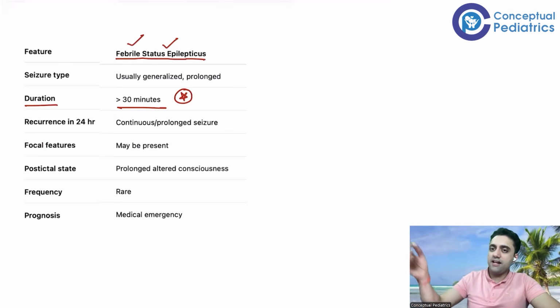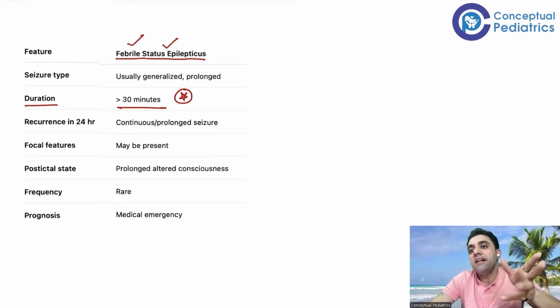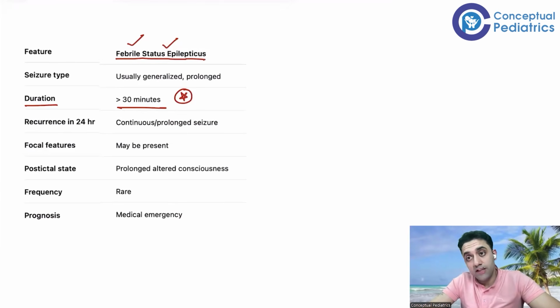So febrile status epilepticus means the patient has fever with abnormal movements lasting more than 30 minutes. More than 15 minutes is complex febrile seizure, less than 15 minutes is simple febrile seizure, and more than 30 minutes is febrile status epilepticus.